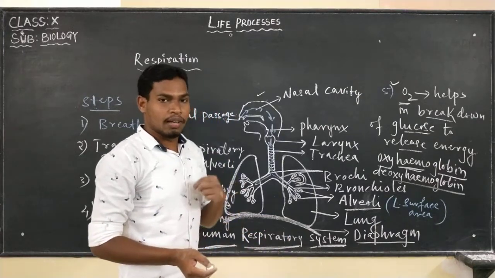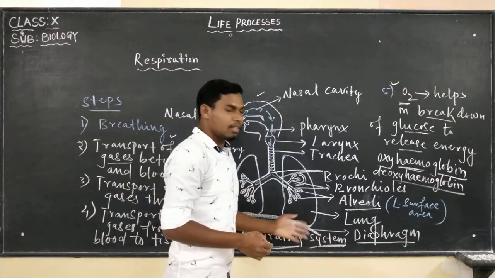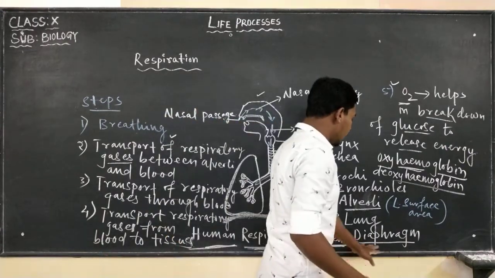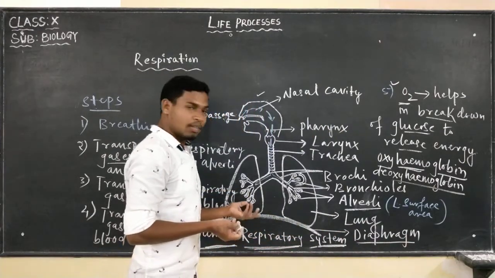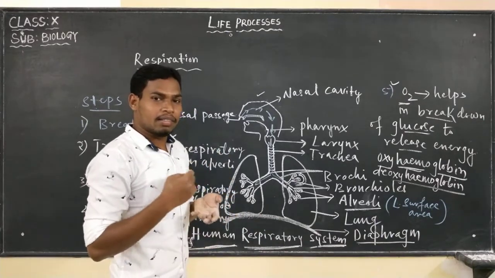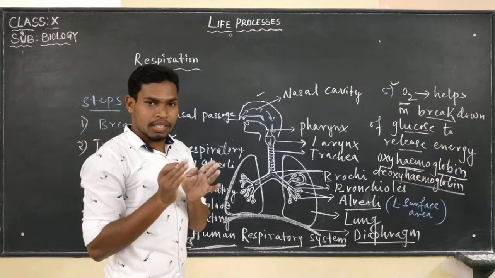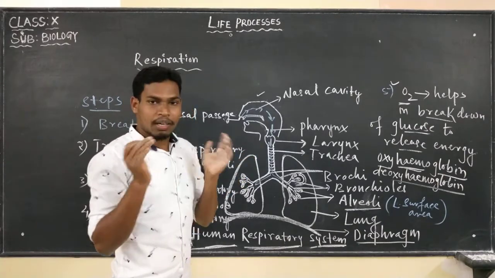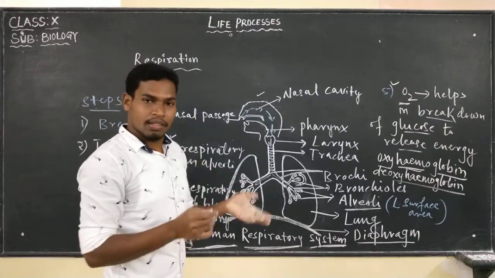When we exhale, the diaphragm gets relaxed. Contraction and relaxation of the diaphragm helps us in breathing. And when we are inhaling, ribs expand and the chest cavity becomes broad. Ribs are expanded, and lungs are filled with air.